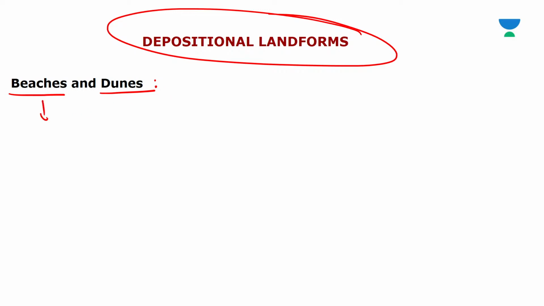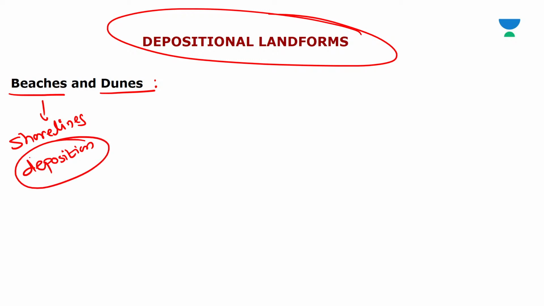So beaches are characteristics of shorelines that are dominated by deposition, but may occur in patches along even the rugged shores.